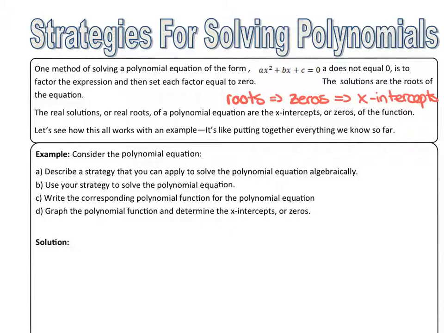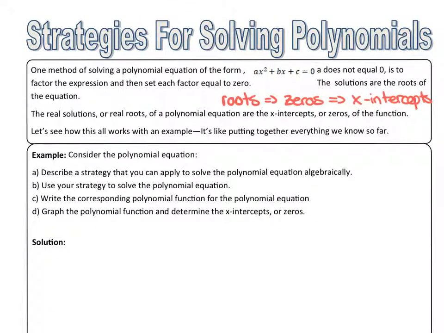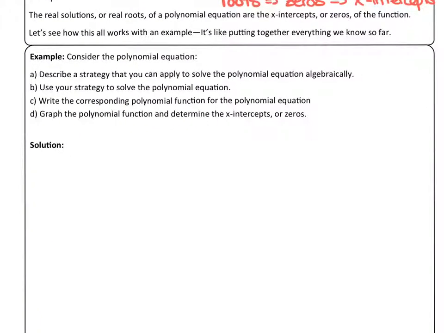And we're going to see how this works with an actual example. It's kind of like putting everything we've done so far together. So here's the example. We're going to consider the polynomial equation x cubed plus 2x squared minus 3x equals 0.